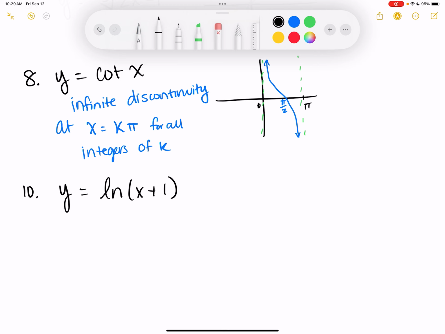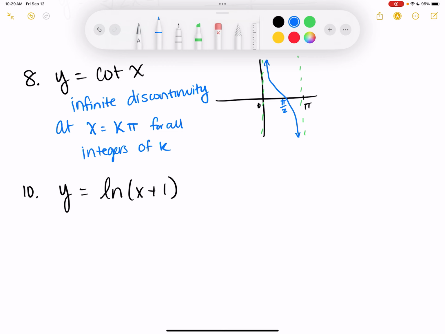You can't do anything with that. So anything greater than that would be in its domain of the graph. So it's discontinuous at all points not in its domain, because it's going down with the asymptote all the way down, so we can't technically account for all of that. But that's how we would say it.